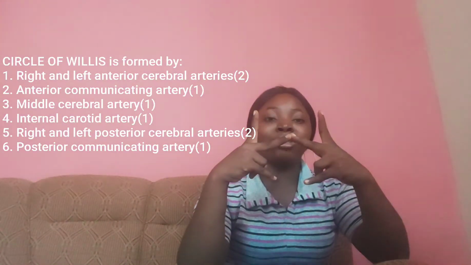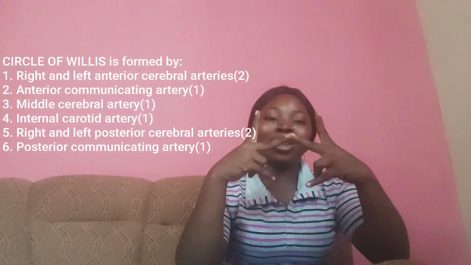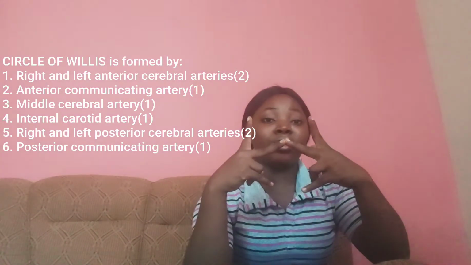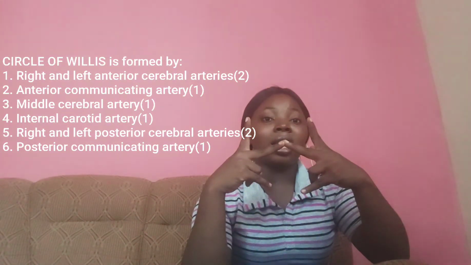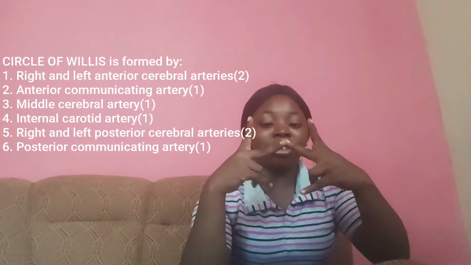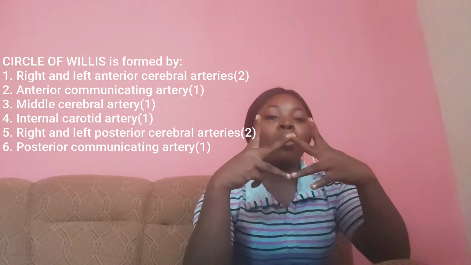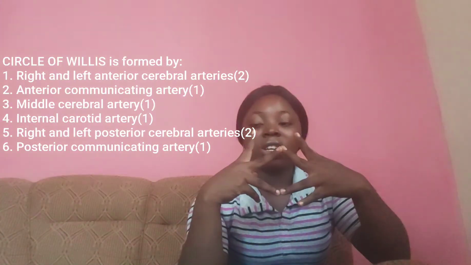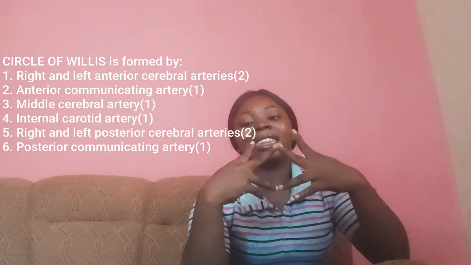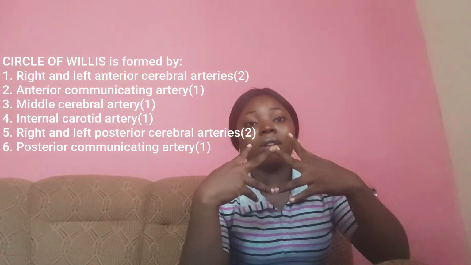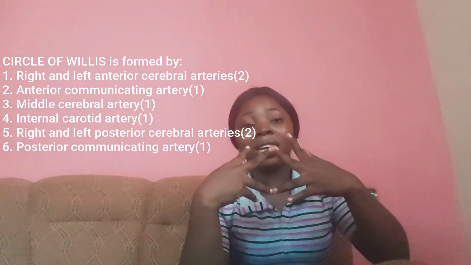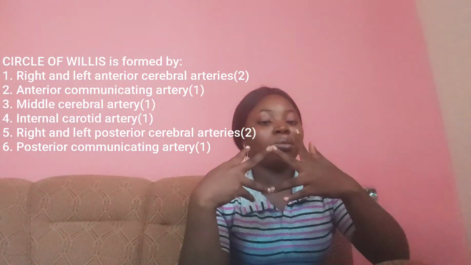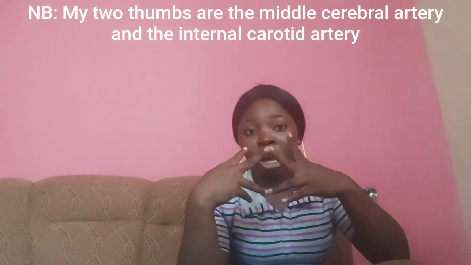The basilar artery divides into two posterior arteries, which are the right and left posterior cerebral arteries, and they are now joined by one posterior communicating artery, and we have the middle cerebral artery, which supplies the middle aspects, and a branch of the internal carotid artery, which also helps in forming the circle of Willis.